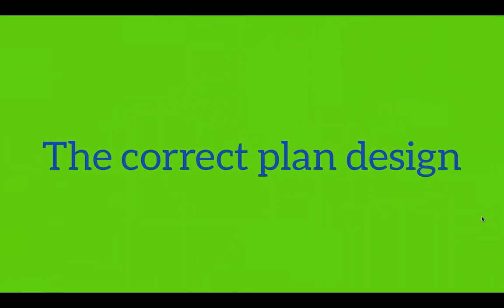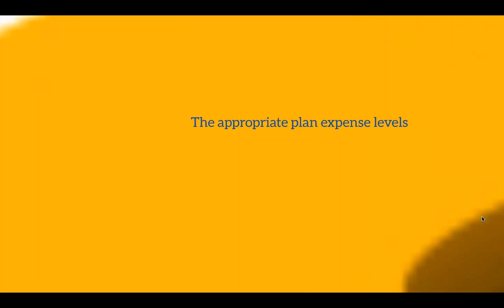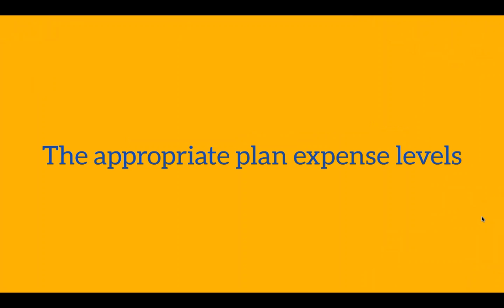As Karen was talking about plan design, having the correct plan design, or having the correct promise between an employer and a group of employees, is the first step, the first piece of the puzzle. It is the most critical. You've got to have that correct plan design, number one. Number two, having the appropriate expense levels based on that plan design.